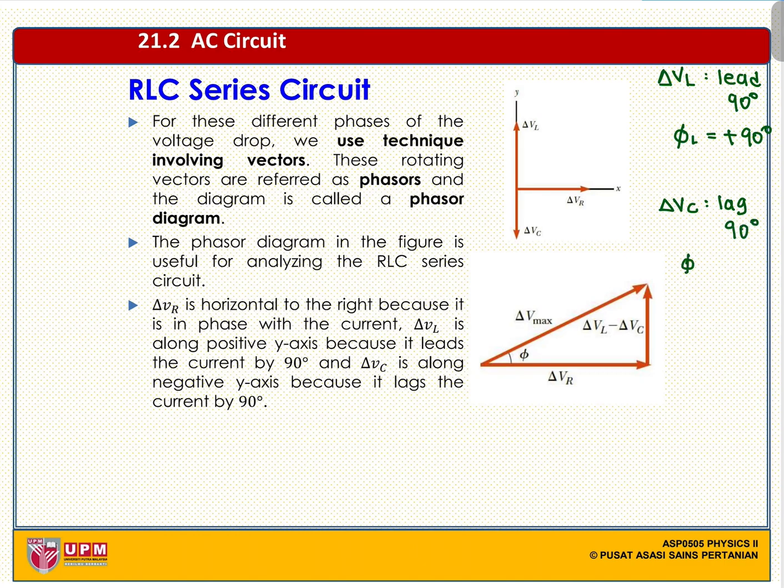So, saya tunjukkan tadi yang dia punya phasor angle dia across C adalah negatif 90 degree. Dan untuk delta V yang across R ni, nanti saya tak tulis delta ni, awak faham lah. Dia sama je across VR. Dia in phase. Which is your phasor angle is equal to 0 degree.